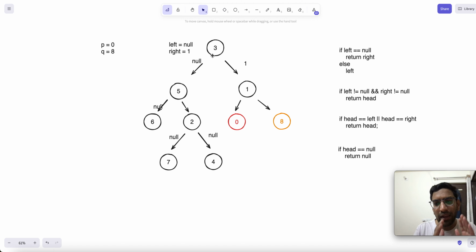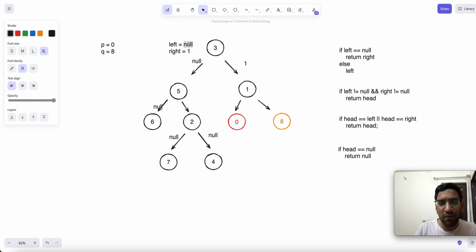Because in the left part of our subtree, we do not have our P and Q values, and in our right part, we have the P and Q values. So we simply return the right if our left side is null, or vice versa. If our right side is null and the left side is not null, then we are going to return the left. So this is for the first condition. We have covered the first condition, second condition, and fourth condition. Let's come to this third condition.